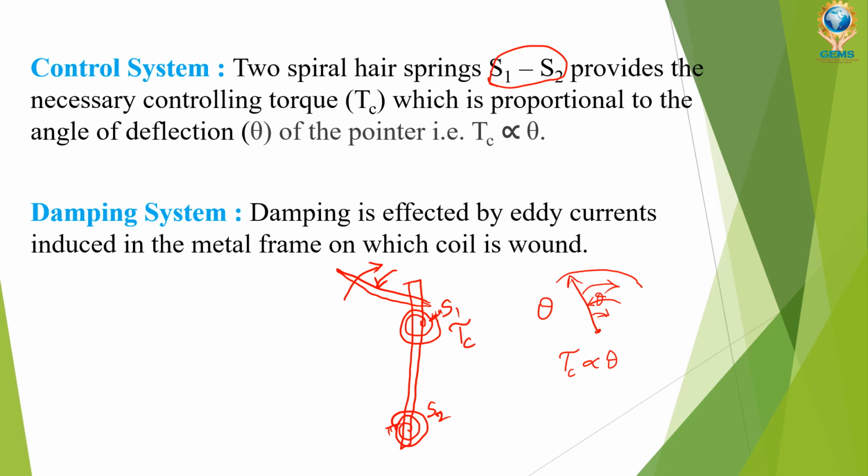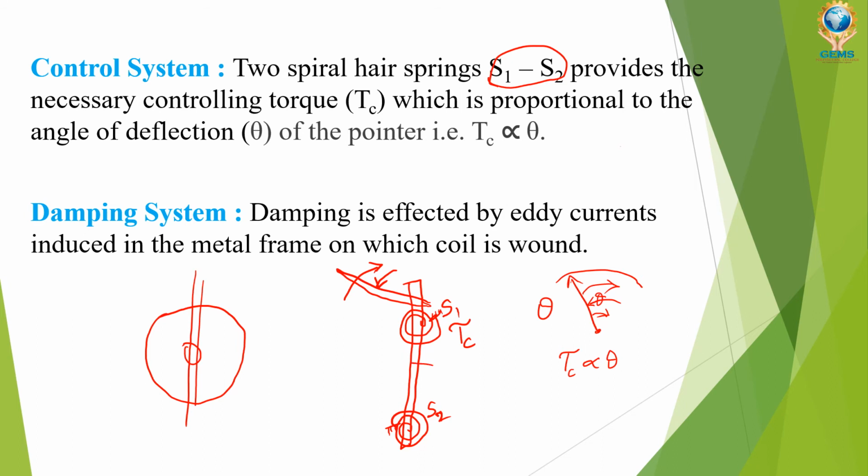And next, the damping effect. Damping is effected by eddy currents induced in the metal frame on which the coil is wound. We already discussed the damping. Here we are going to use eddy current damping. A circular disc will be like this. This disc is fixed to this spindle.